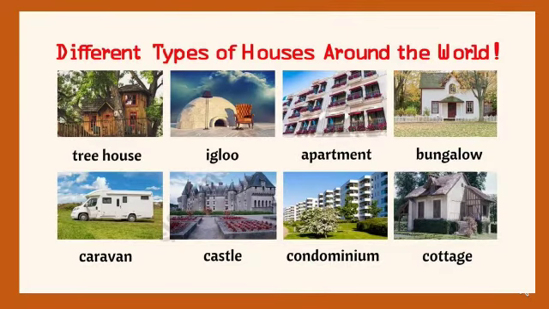If we move around the world, we find a great variety in the types of houses. Although the houses near to us may be different from each other in one way or another, if we move from one country to another, from one state to another, we can find a great change in the formation of houses.